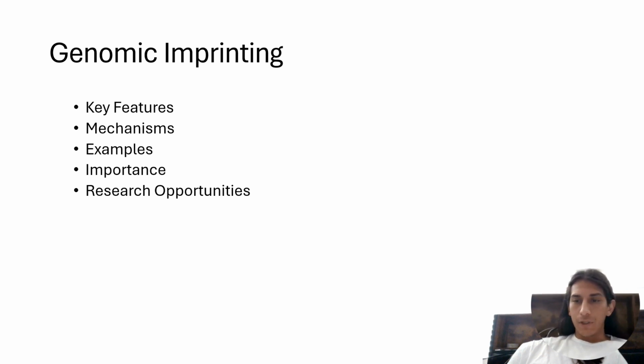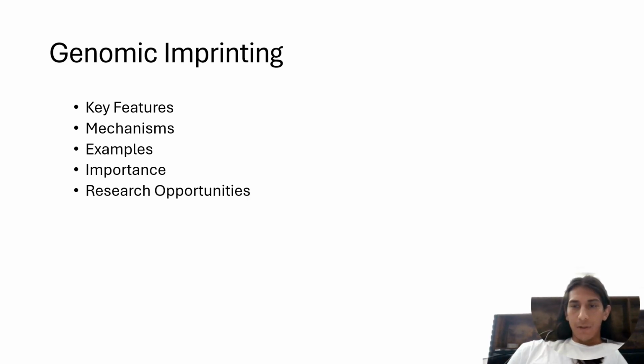So some key features: genomic imprinting depends on the parental origin of the allele. Epigenetic regulation: genomic imprinting involves epigenetic modifications such as DNA methylation. Tissue-specific: genomic imprinting can be tissue-specific, with different imprinted genes expressed in different tissues.